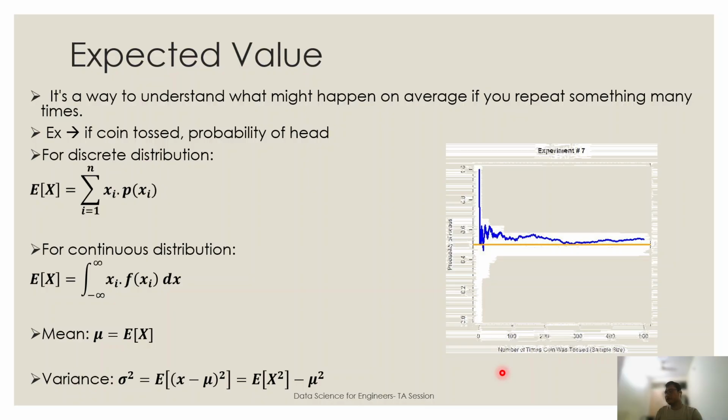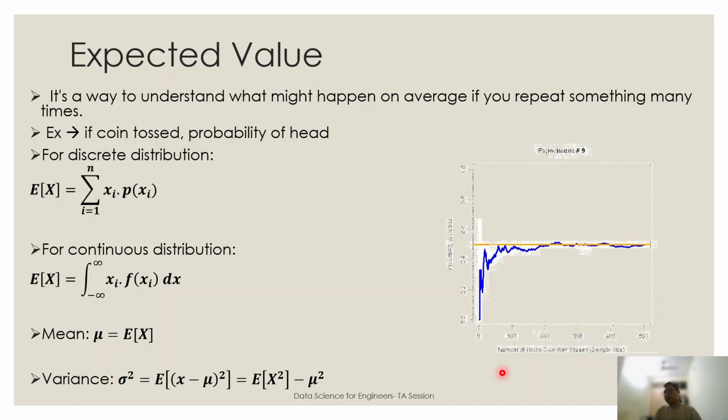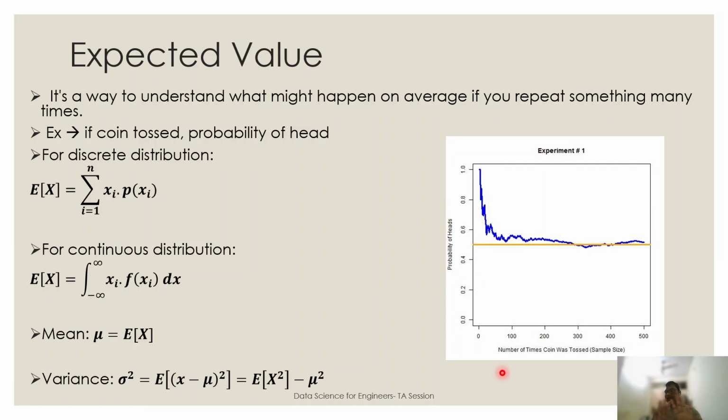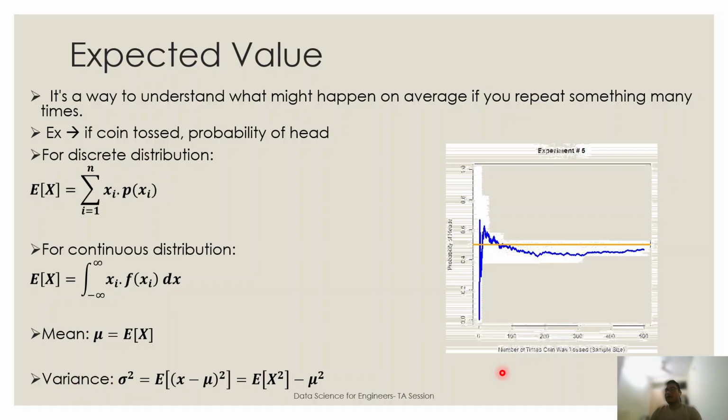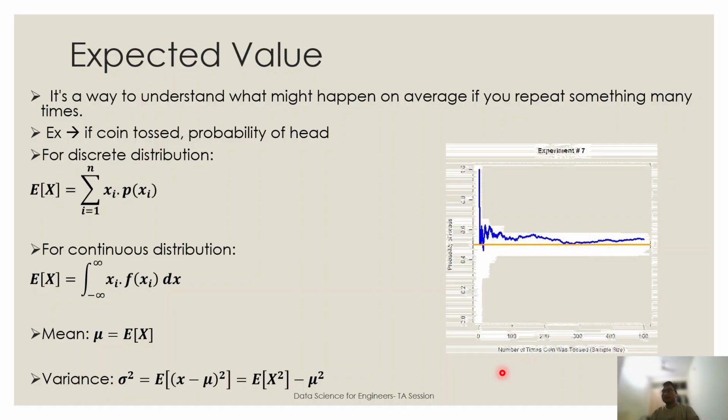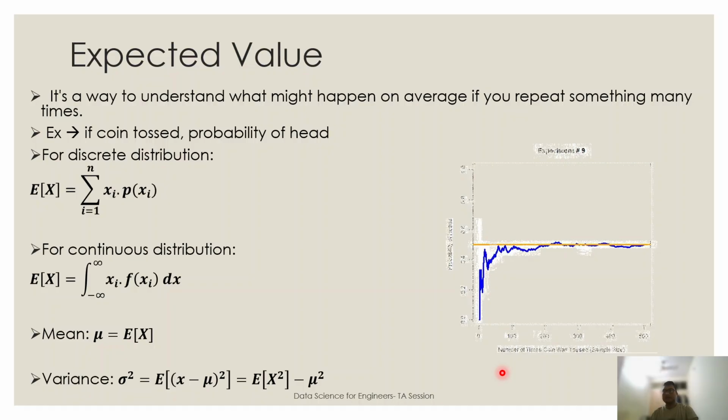Here I'm flipping a coin. Someone will tell you, okay, the probability is 0.5. Okay, that concept is there. Now I want to prove that concept. So first you toss your coin, you get head. Again you toss the coin, you get tail.